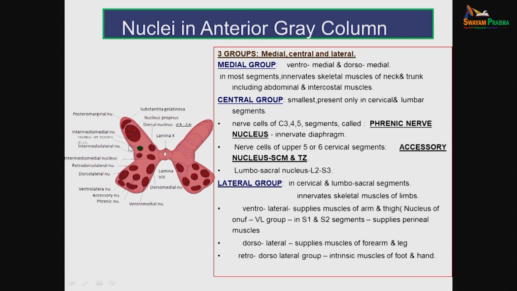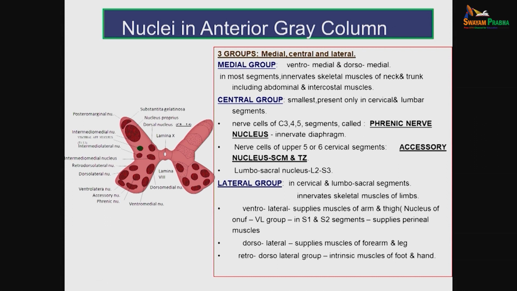So, having known this, please note we are talking about the nuclei in the anterior grey horn. The most medial is the medial group of nuclei. We are again subdividing into ventromedial and dorsomedial. The axons from this, I told you this is all motor neurons, are going to leave through the ventral root through the spinal nerve.